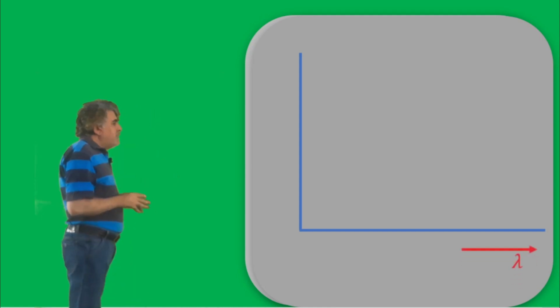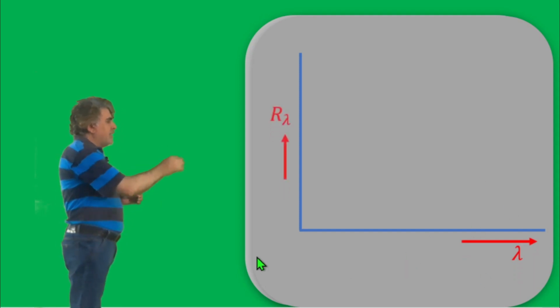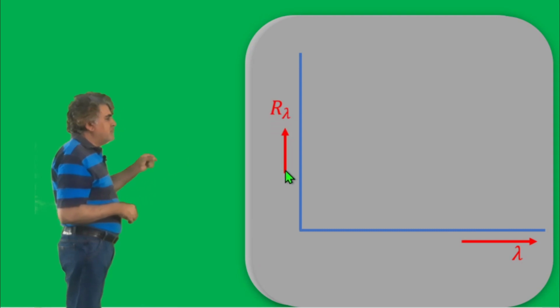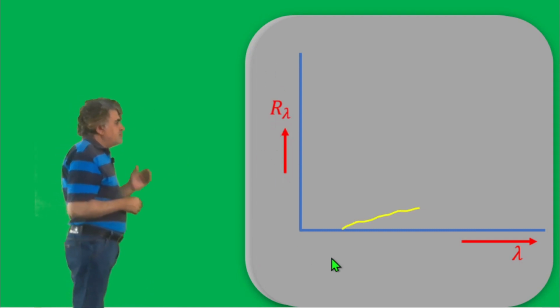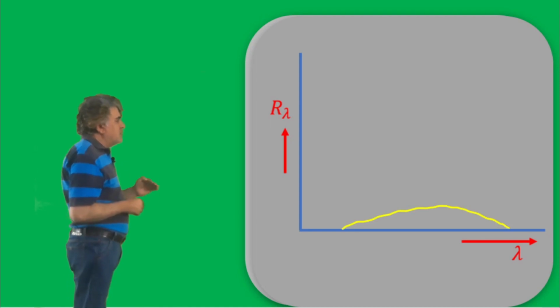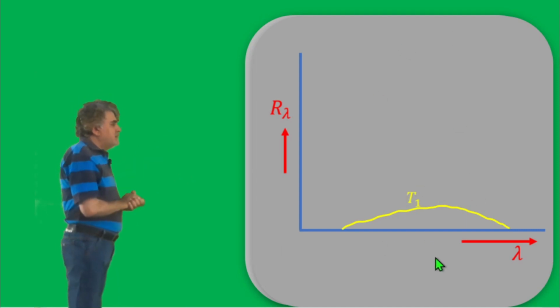Let us take the wavelength lambda along the horizontal and the emissive power along the vertical axis. For a relatively lower temperature, which I denote by T1, the curve remains closer to the horizontal axis, such as the one shown in the figure.